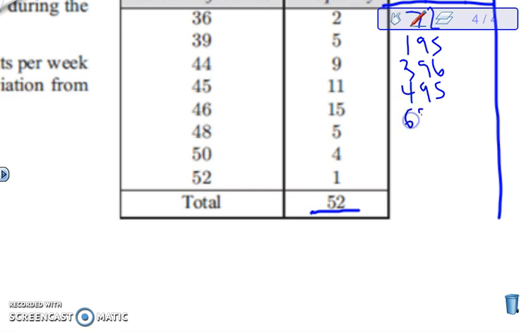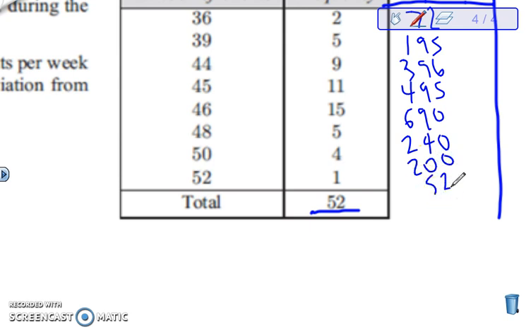We get 690. 48 times 5, 50 times 4, and then finally 52.